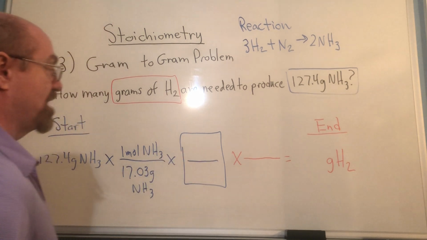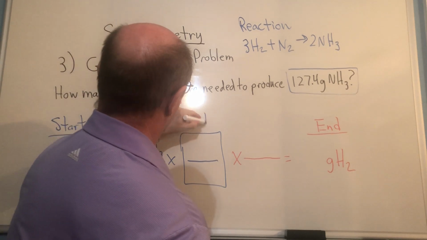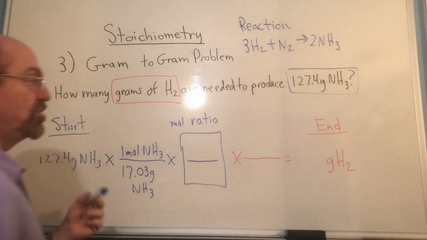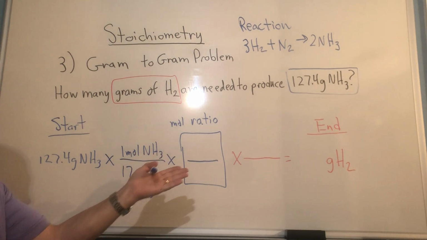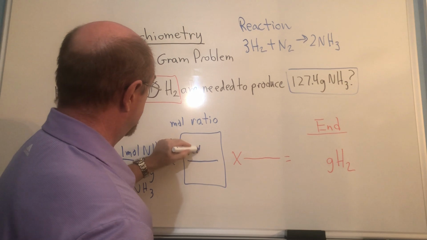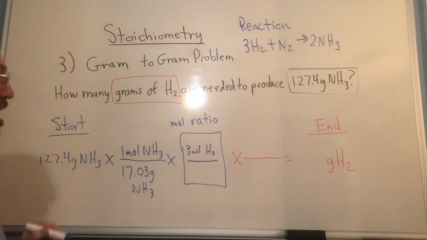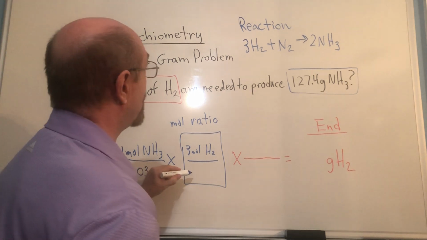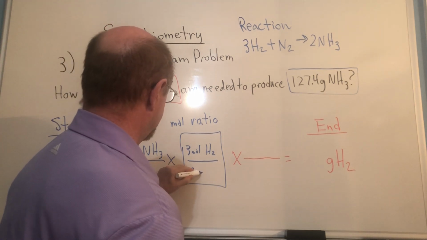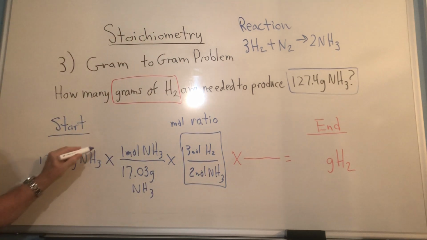Now the mole ratio step, always the same. Mole ratio. We're going to some substance, in this case it's hydrogen. Its coefficient goes on top. And our original substance, which is ammonia, its coefficient goes in the bottom. And let's take a look at how the units are doing.